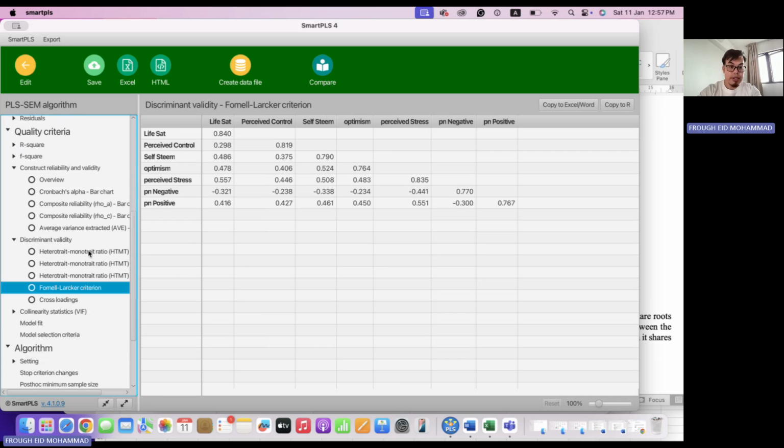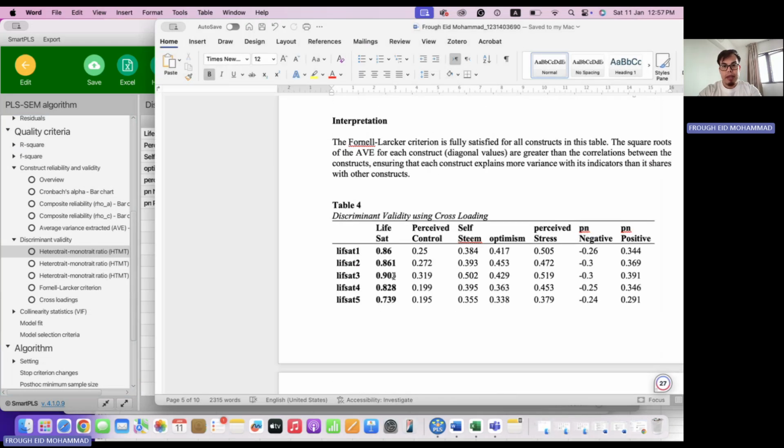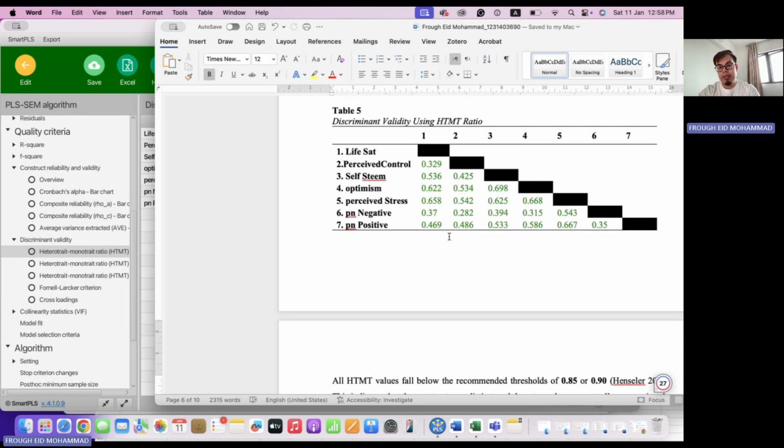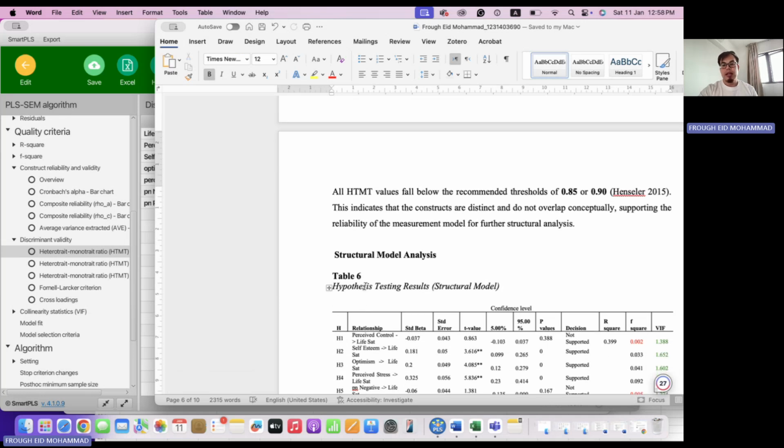One more thing that is left is the HTMT. This is discriminant validity using the HTMT ratio. This is also the table where I've extracted the values, and this is the interpretation from SmartPLS. The interpretations are here.